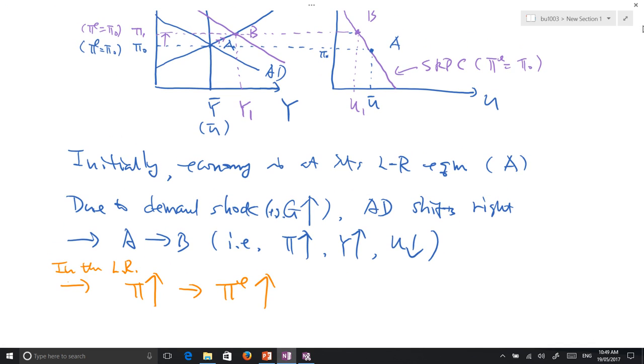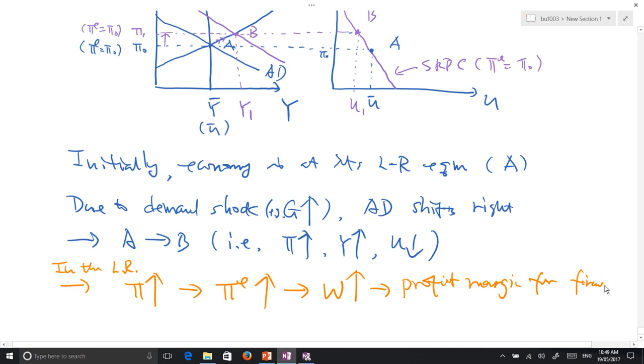So given that they have high expected price or expected inflation, they're going to ask for higher wages. Wage rate goes up, which means profit margin for firms goes down.